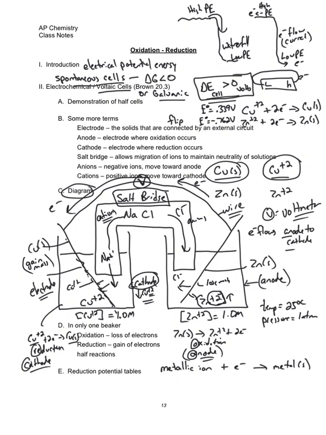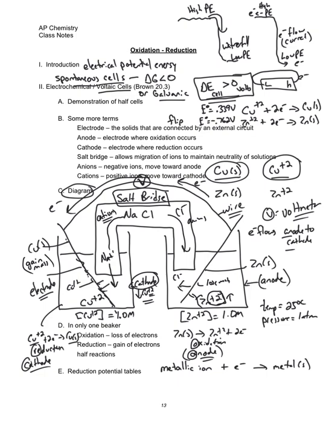The cathode will have a gain of mass in the electrode, and cations will need to flow into that side from the salt bridge to keep the solution electrically neutral. Vice versa, the anions from the salt bridge will go into the side of the anode to replace the cations that are increasing in solution.